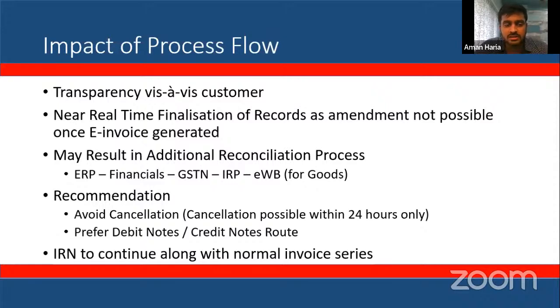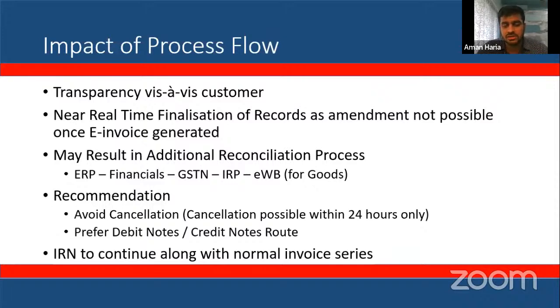One more important thing we wanted to highlight is that the IRN does not replace your invoice number. Whatever invoice number is currently being generated by a system continues to be as it is. IRN is an additional requirement. It is an additional field that the government is going to give you.